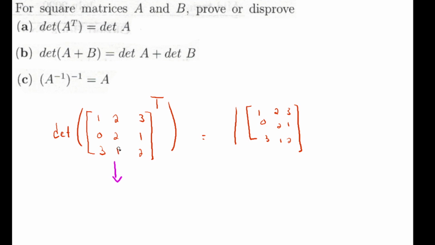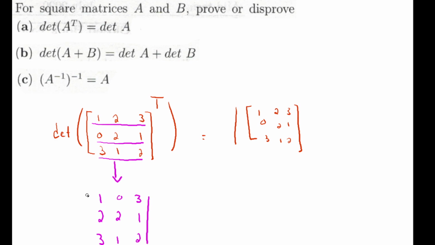To do that, we just switch the rows with the columns. So here we have row 1, and that becomes column 1. So we have 1, 2, 3. Now row 2 is column 2, 0, 2, 1. Row 3 is column 3, so 3, 1, 2, just like this.